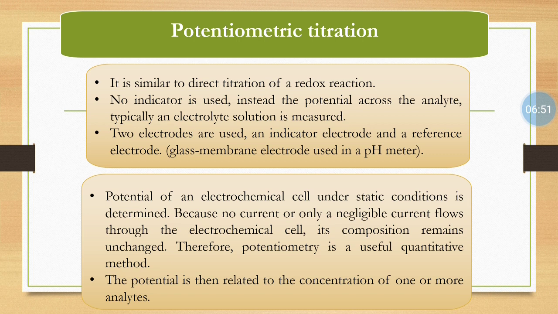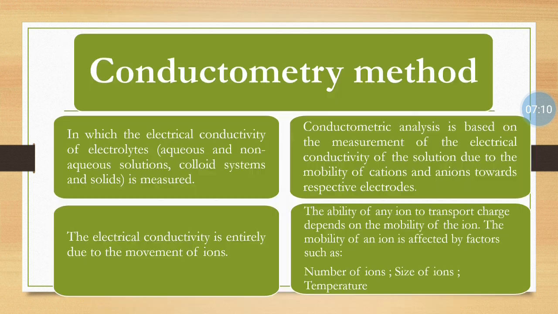The potential which has been determined can be directly related to the concentration of one or more analytes. So, hence we can determine the concentration of a particular analyte present in the given solution.